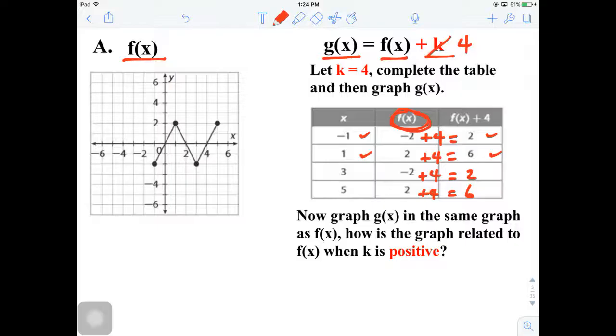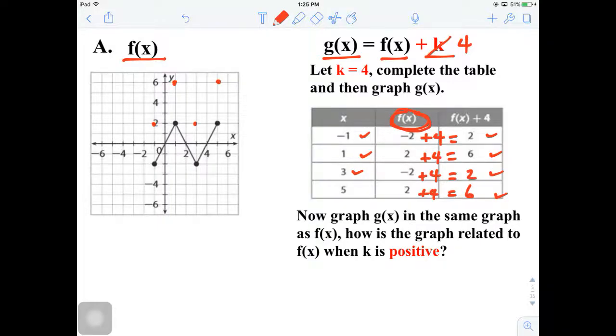So negative 1, 2 is going to be right here. Second point is 1, 6, which is over here. The next point is 3, 2, which is right here. And the last point is 5, 6, which is right here.